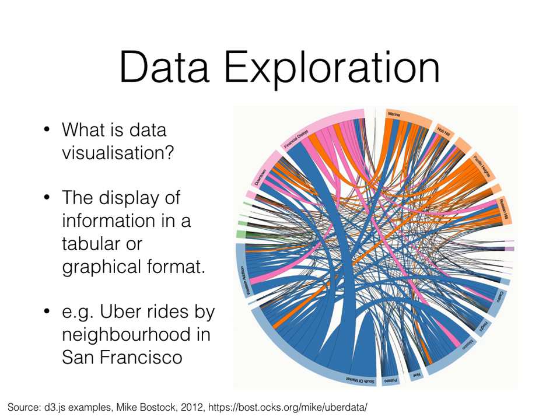This visualization is Uber rides in 2012 by neighborhood in San Francisco, and you can see that the different neighborhoods are listed around the circle. It's called a chord diagram. The different neighborhoods are labeled around the circle, and there's a chord, a line linking the rides between the neighborhoods.